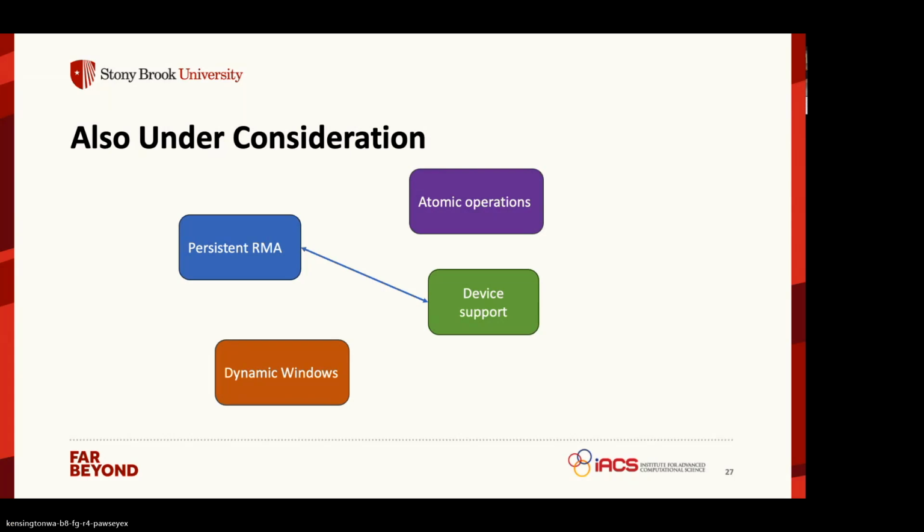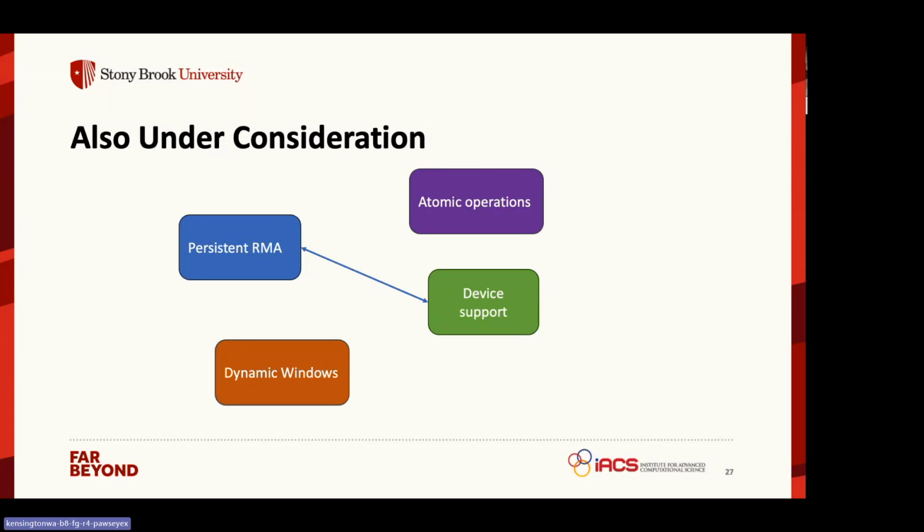Dynamic windows are something that is near and dear to my heart because I can actually use that in our distributed runtime system. The problem with dynamic windows today is that you only give a pointer to MPI, and you can send a pointer to someone else and then say, well, here's my memory, you can access that now.